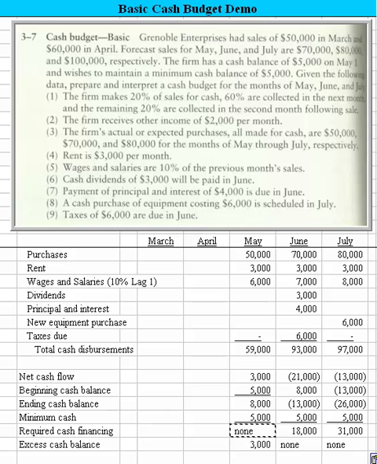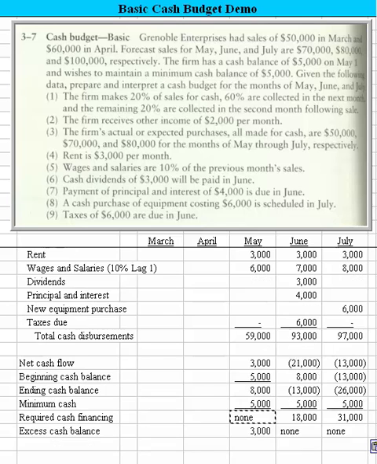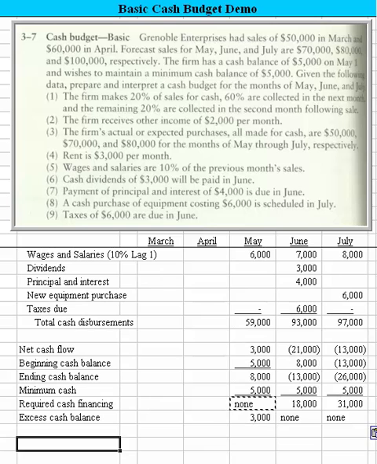Now I'll slide that down. Okay, that takes care of all the numerical work we need to do on problem 3.7. Now let's do a quick interpretation of what this means. If we were facing this, we would have a decision that says we need cash of $18,000 in June and $31,000 in July.